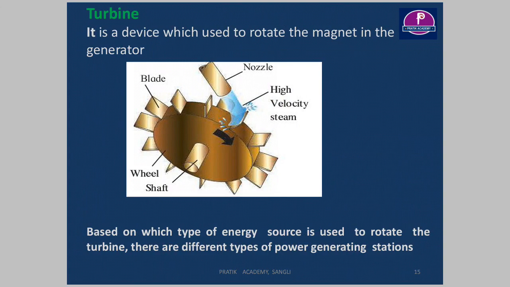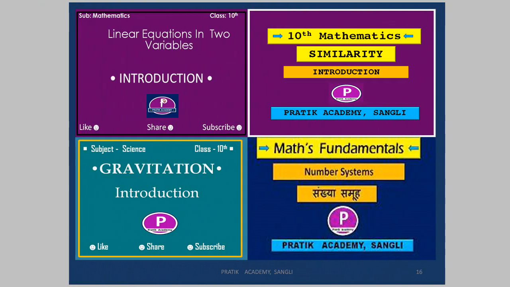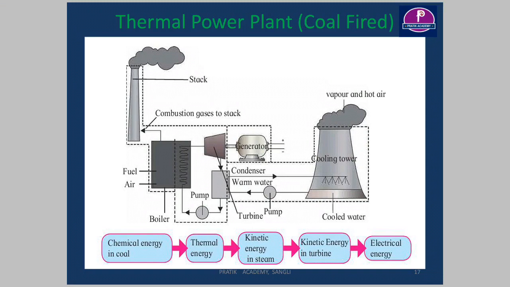So in this video we are discussing the first type of power plant, that is the thermal power plant. As the name indicates, here we are using thermal energy or heat energy to generate electricity.